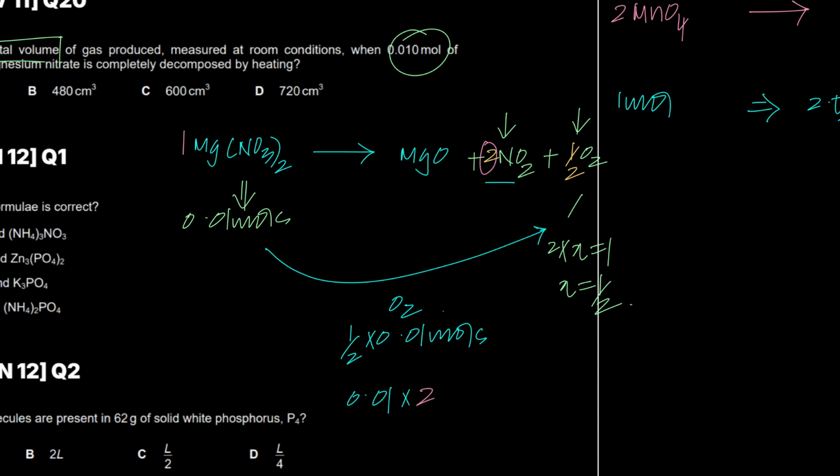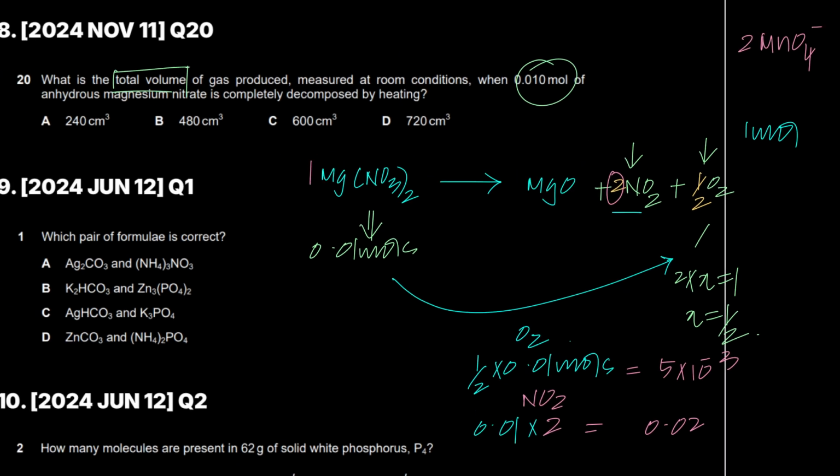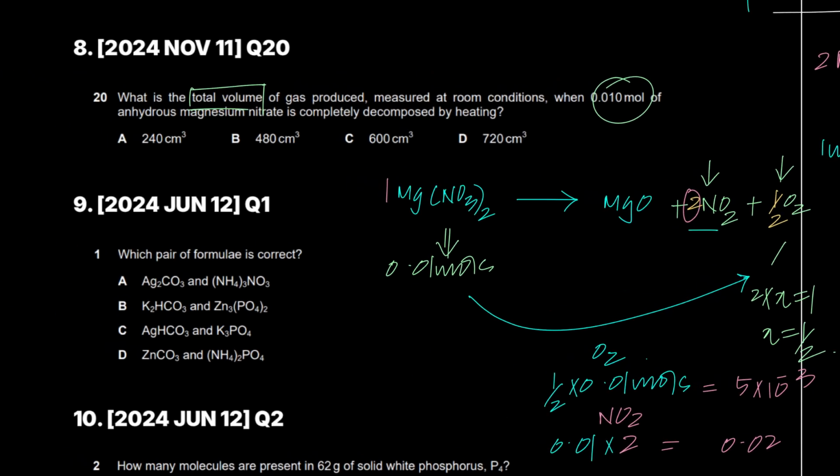Now it's time to gear up these things in MCQs to save time. So what are the moles of oxygen? 0.01 divided by 2, that's 5 into 10 raised to the power minus 3. These are the moles of oxygen gas that you get. 2 into 0.01 gives 0.02 moles of NO2. Then multiply both with 24,000, at RTP, room conditions.